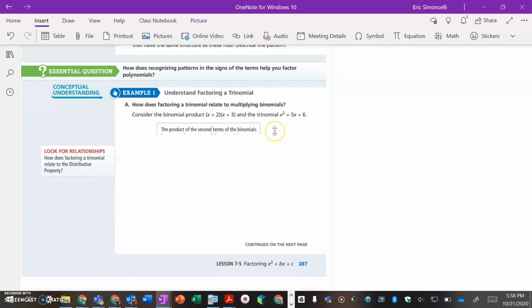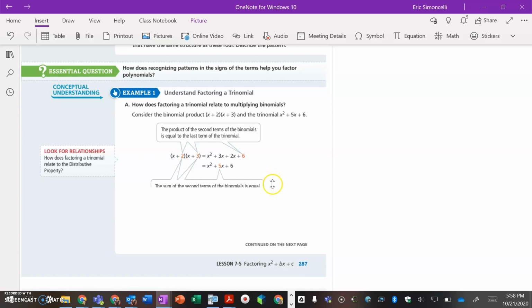The product of the second terms of the binomials is equal to the last term of the trinomial. As you can see, the FOILing has already been done for you. 2 times 3, of course, is 6. 2 plus 3, of course, is 5. So when we FOIL, we do in fact end up with this particular trinomial.